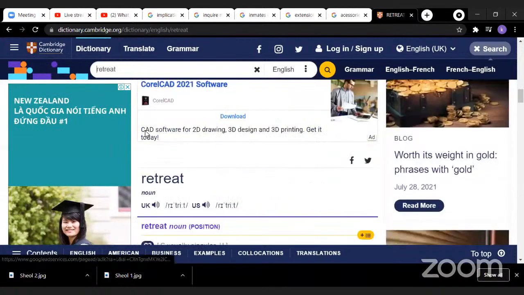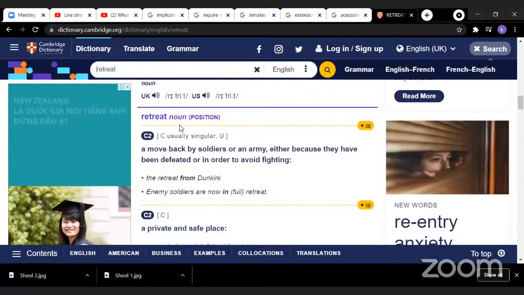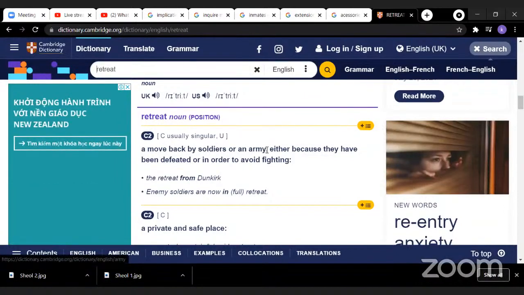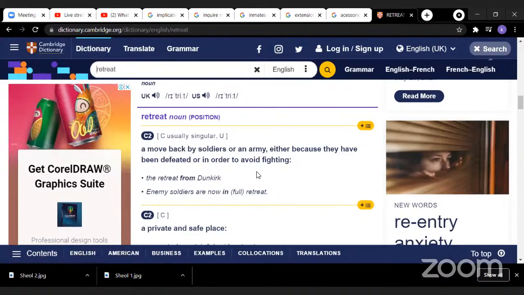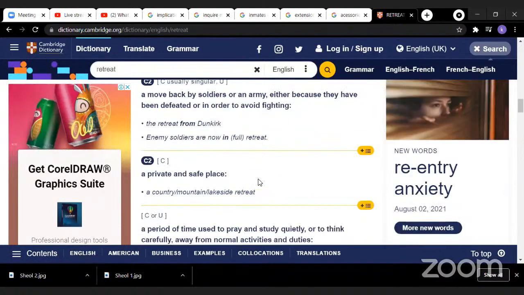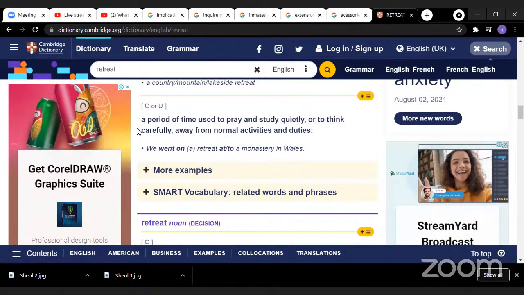So this is the military one, a move back by soldiers or an army because they have been defeated or in order to avoid fighting. Okay, the next definition for retreat, a period of time used to pray and study quietly, or to think carefully, away from formal activities and duties.